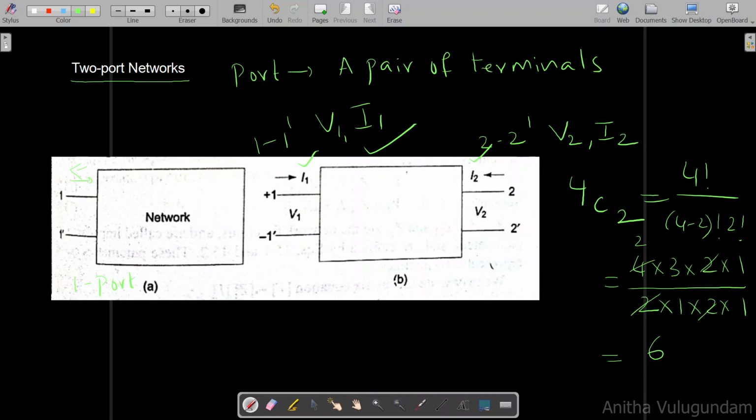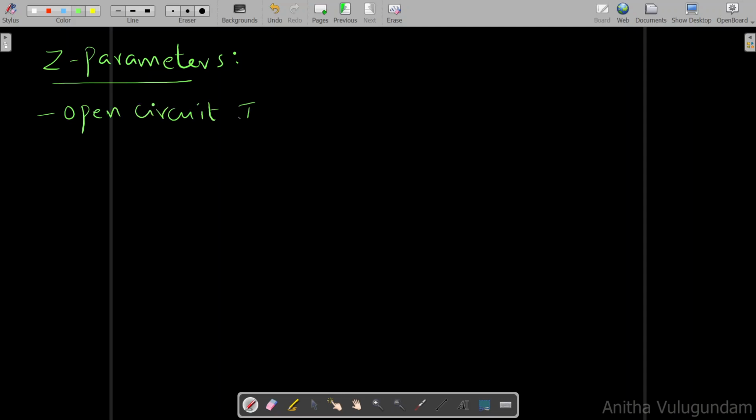Let us see the first set of equations now, that is Z parameters, also called open circuit impedance parameters.